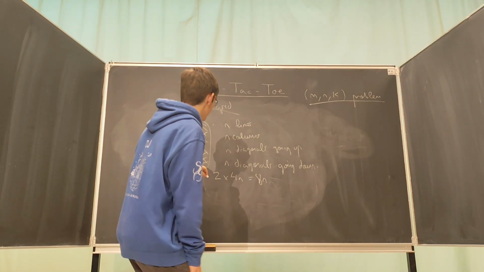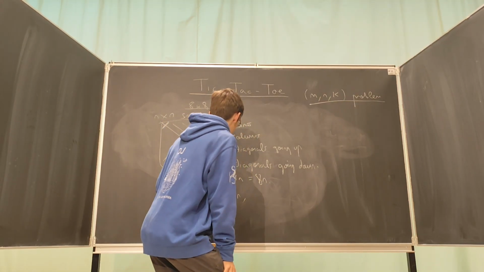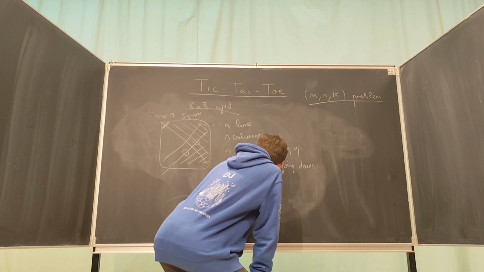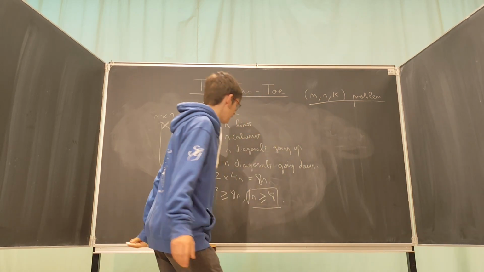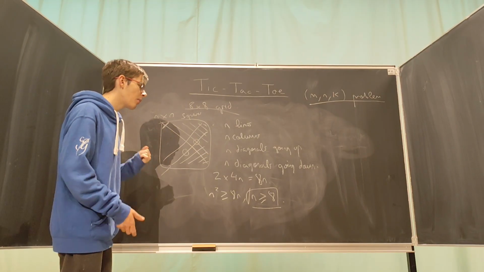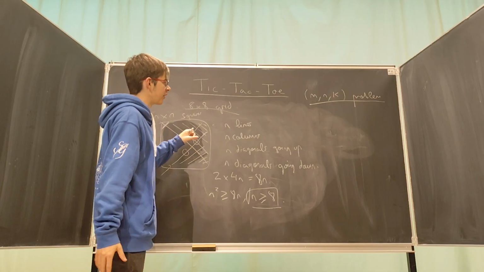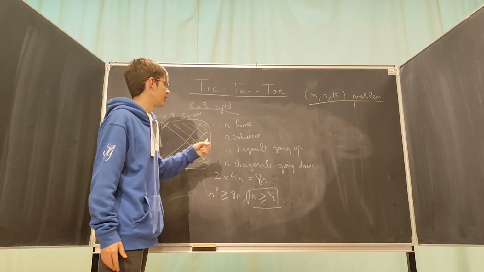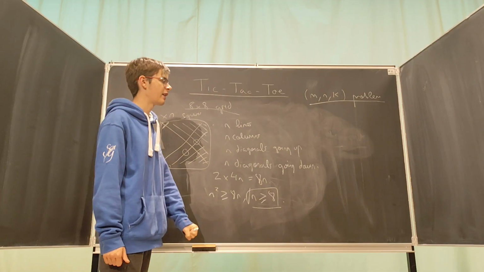Okay, so we must have n squared greater than 8n, which gives us n greater than 8. Okay, so it makes sense to look at the 8x8 grid because it's the smallest grid where you can hopefully build a pairing that is rather simple, right? Where you just try to find a pair on every line, every column, every diagonal.